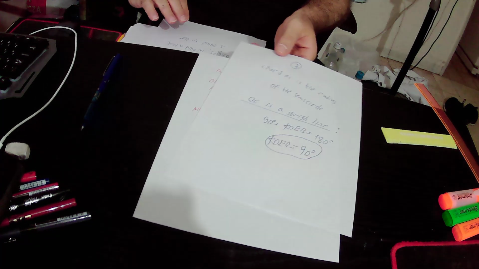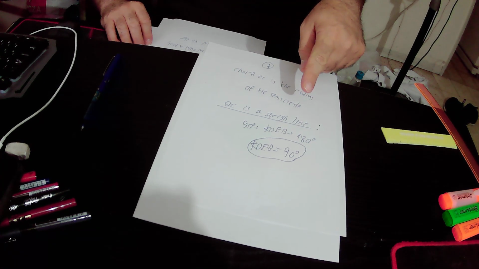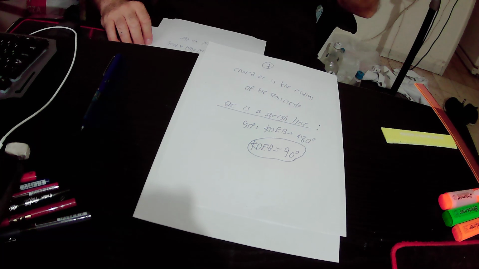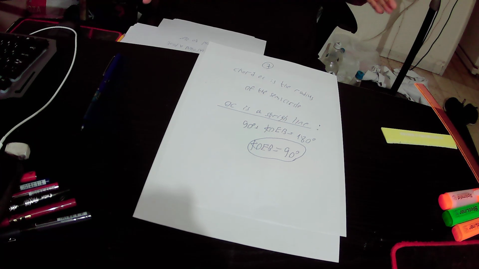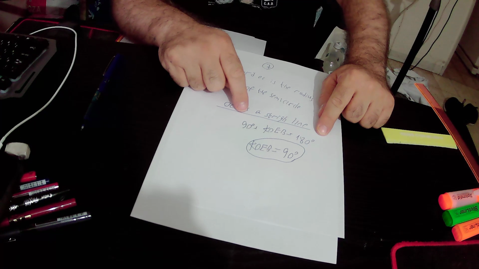So we have this equality that states that 90 degrees plus angle OEB equals 180 degrees, because that is the rule, that if we focus at a certain point and at one side of a straight line, then the sum of the angles is 180 degrees.